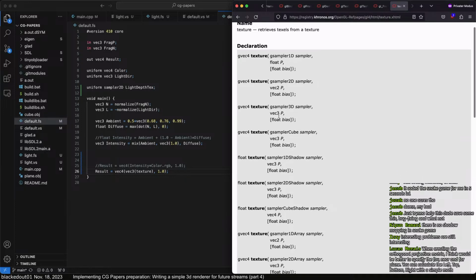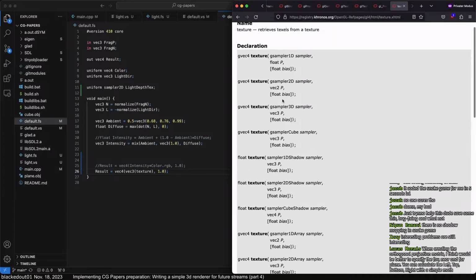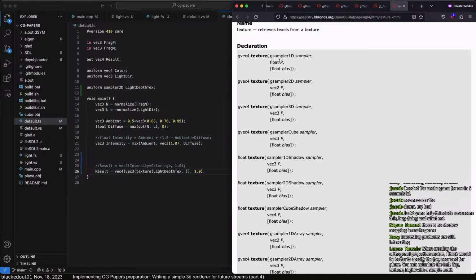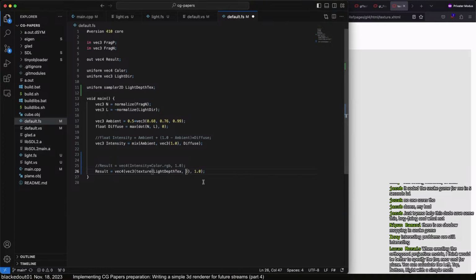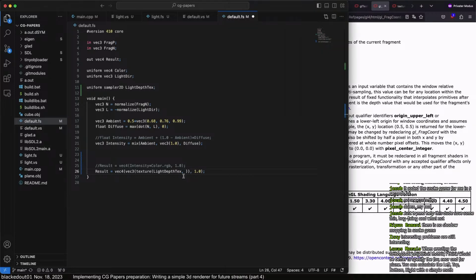Basically you put the sampler, the G-sampler, so we put the sampler in here. And then we put the position we want to sample at. And in this case, I just want to see anything. I want to check if I did the rendering correctly. So I will use this here.